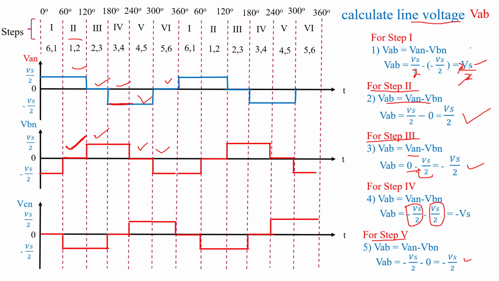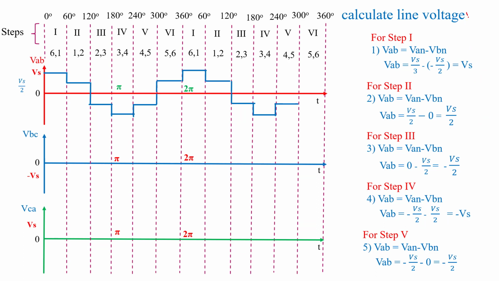Now we draw the waveform for the VAB line voltage. For step 1, from the calculation side, VAB equals Vs, so here in the waveform we draw Vs. For step 2, the value of VAB is Vs by 2.